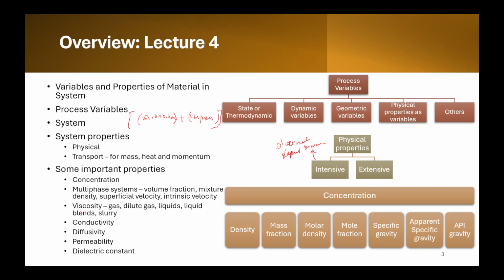For viscosity, the different relations for viscosity of gas, dilute gas, liquids, liquid blends, and slurry were discussed. Conductivity can be thermal, electric, or electrolytic. Diffusivity is for mass transfer. Permeability is the material's ability to let fluids flow through it, and the dielectric constant. These were discussed.